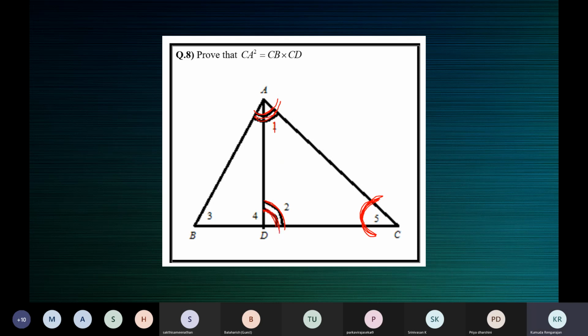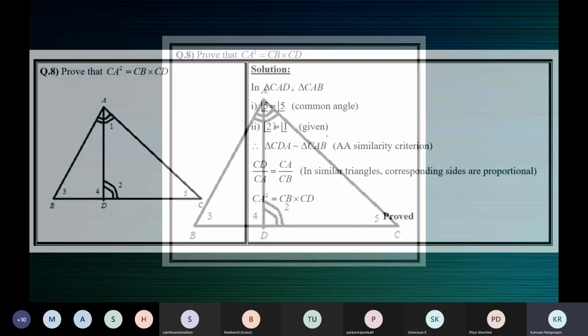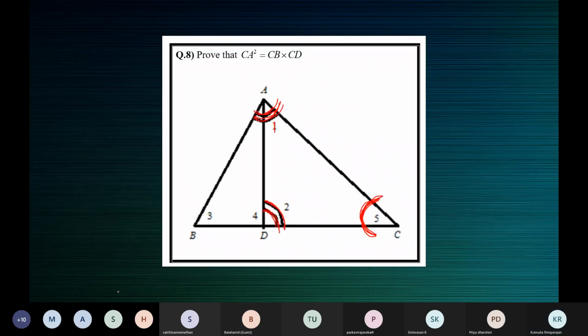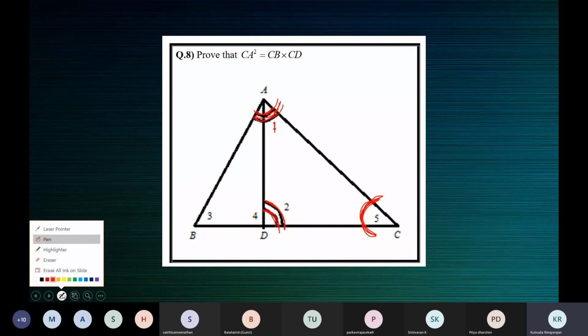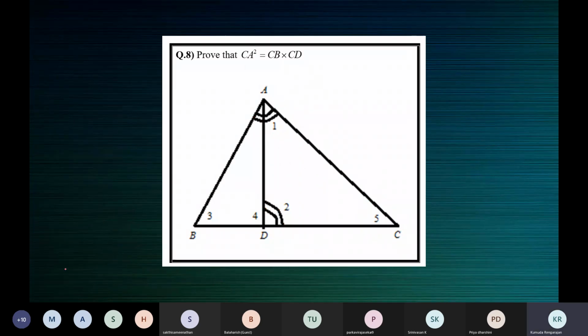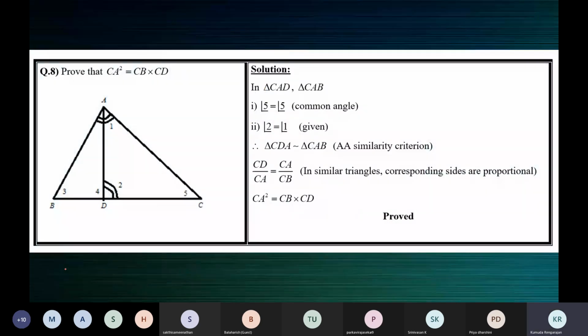So by AA similarity, they are similar. Name them correctly, write the proportion, cross multiply, you get this result. You must take the ratios that have CA. So this ratio has CA here, cross multiply.